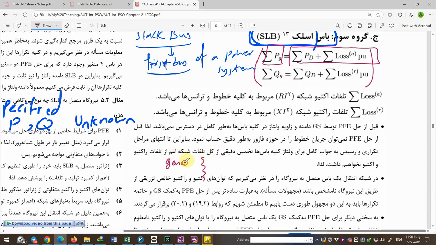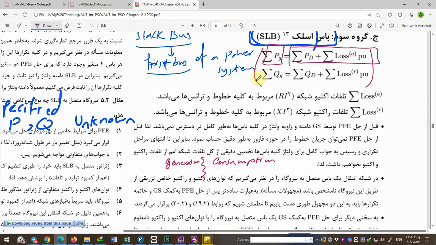Generation, consumption. These two expressions must be equal to each other.